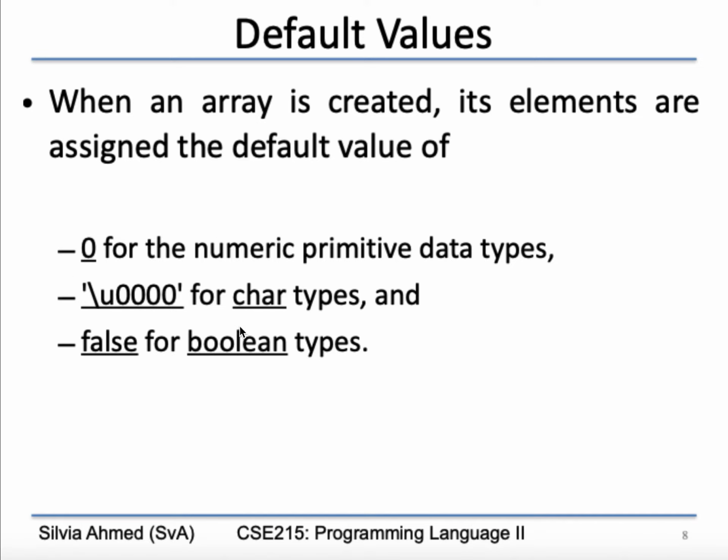If the array is for character types, the default is the null character. This is the Unicode of the null character. And if the array is of Boolean types, the default value is false. So let's say we create an array of 100 Boolean values. By default, all the entries will initially be false.